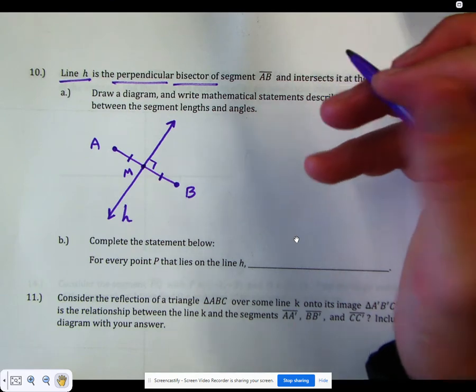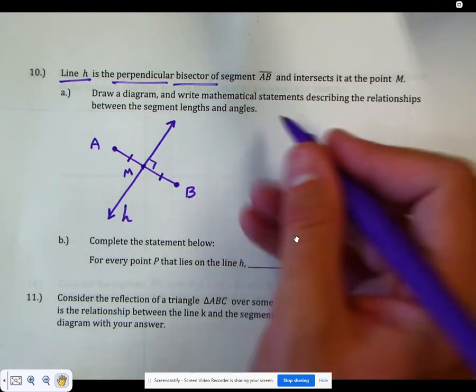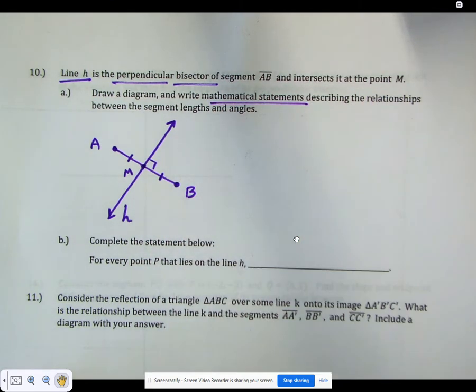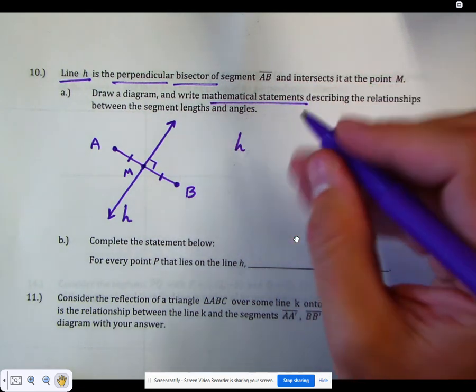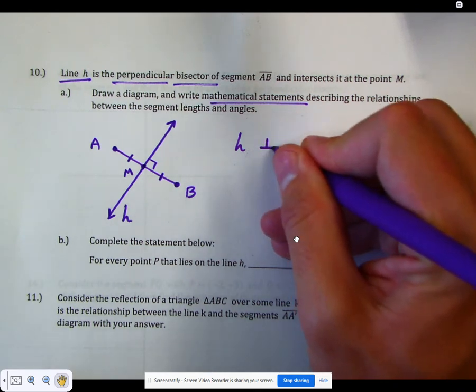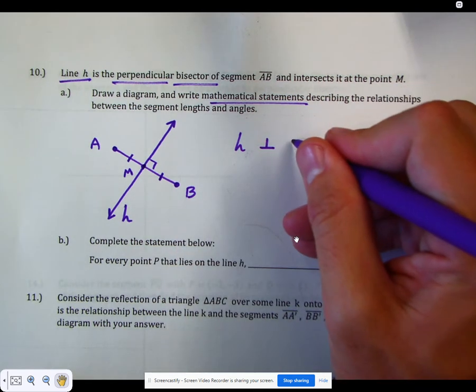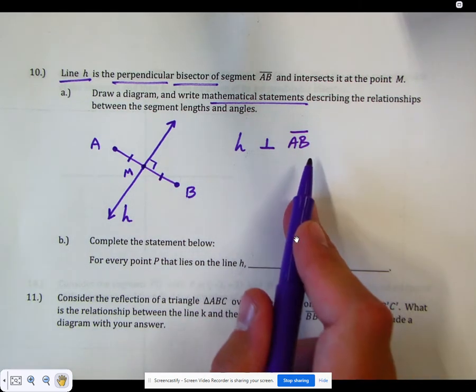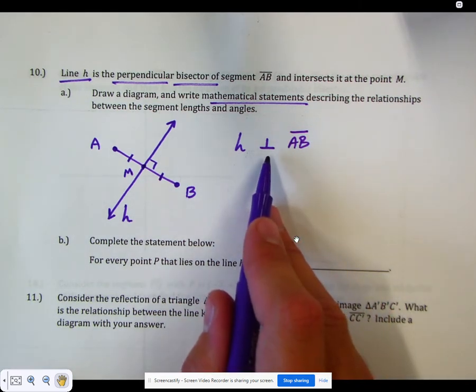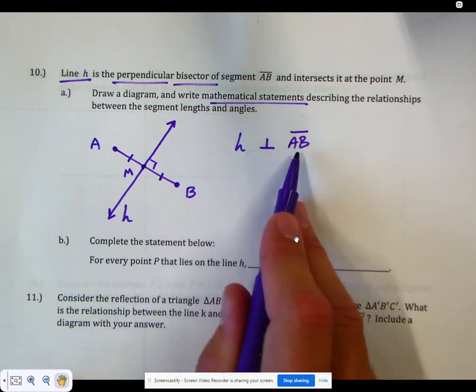Now, as far as mathematical statements go, I can say things like line H is perpendicular to segment AB. That little symbol means perpendicular. So this says line H is perpendicular to AB.